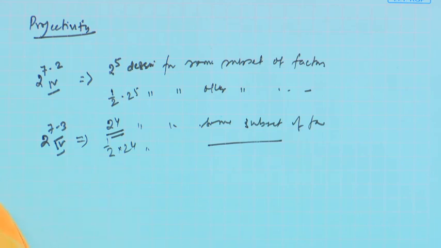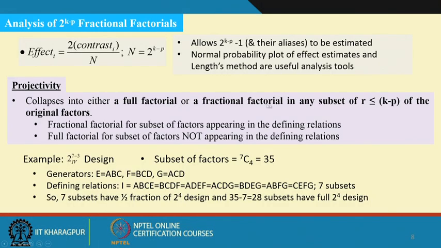So, it collapses into either a full factorial or a fractional factorial: fractional factorial for subsets of factors appearing in the defining relations and full factorial for subsets of factors not appearing in the defining relations.